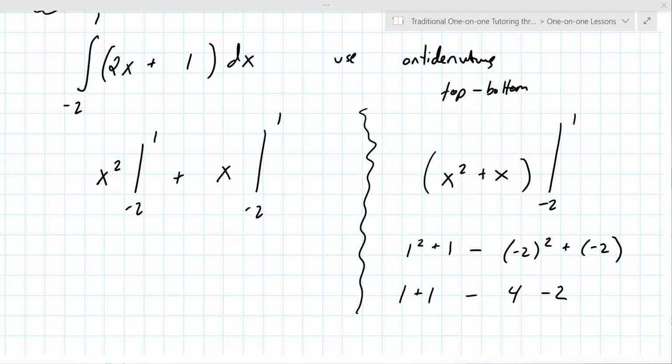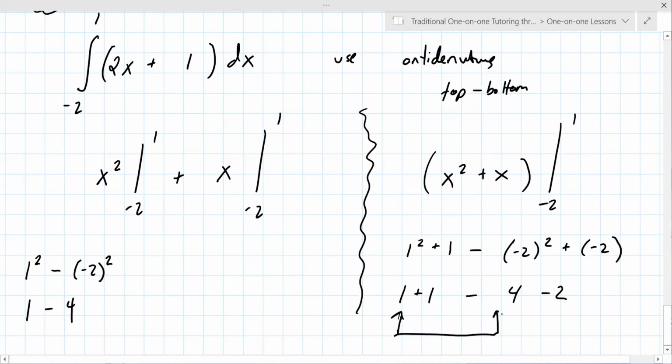I got 0. For which one? Are you doing the left or the right version of this? The left. Okay, so let's try this. It's 1 squared minus -2 squared, so that's 1 minus 4. Yep. And by the way, that's this part right here. Plus 1 minus -2.